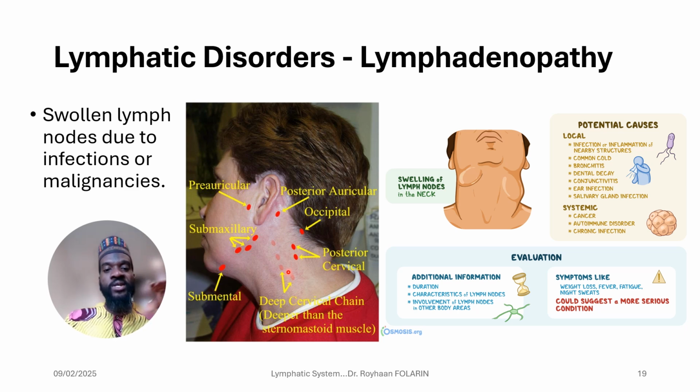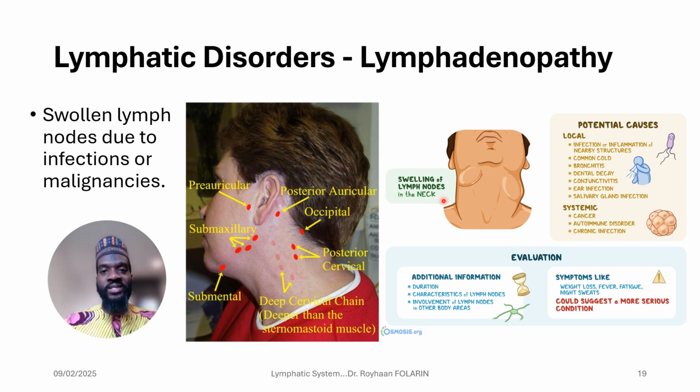So any of these localized lymph nodes could have been affected individually. And it could also be a generalized one involving multiple areas simultaneously. It could be caused by bacterial or viral infections or immune disorders and cancers like lymphoma.